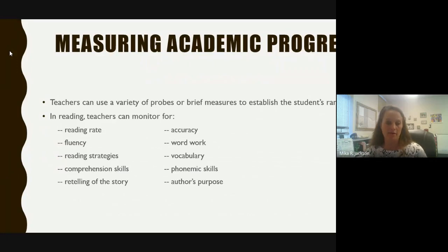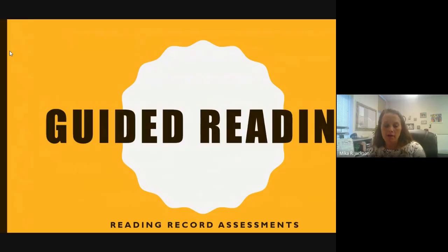And, even more to that, what strategies are they using when they read, if they're using any? You can see how they deal with vocabulary. You can test their comprehension skills, their phonemic skills. Are they using phonics? And can they retell the story, author's purpose? So even going into some of those TEKS that you have to master before the end of first grade, you can assess those also. Let's talk about guided reading.